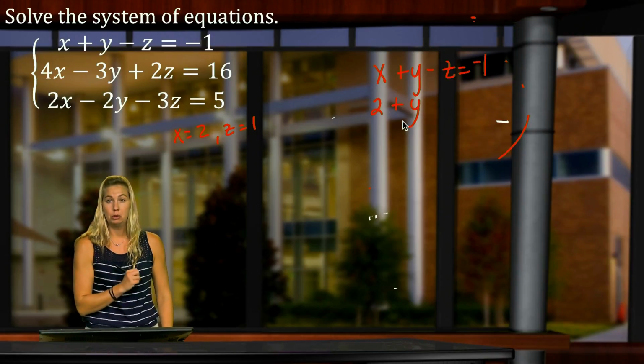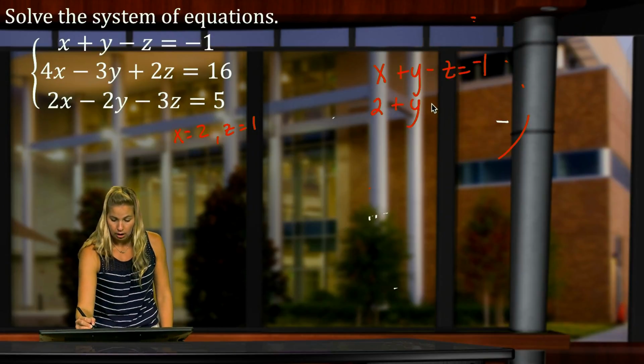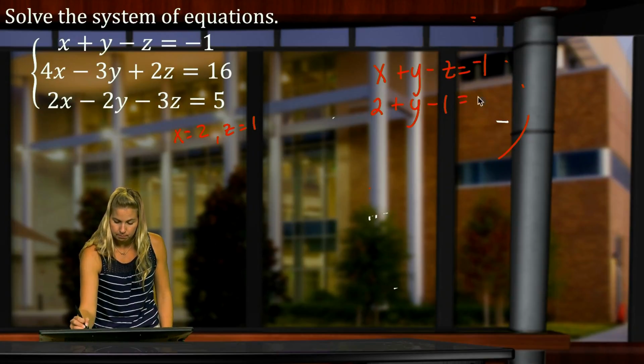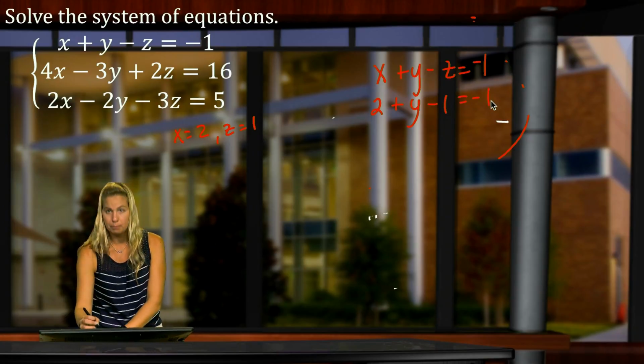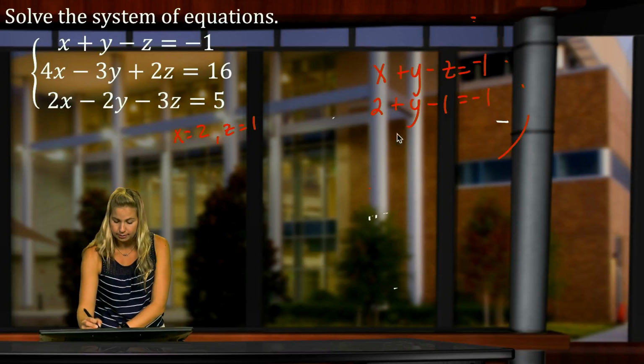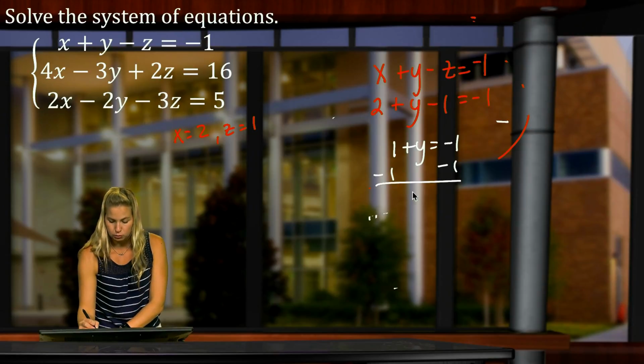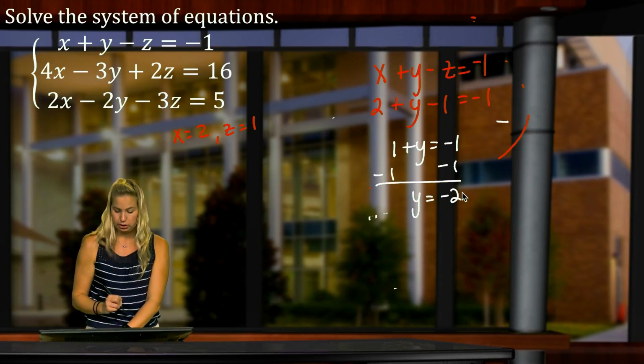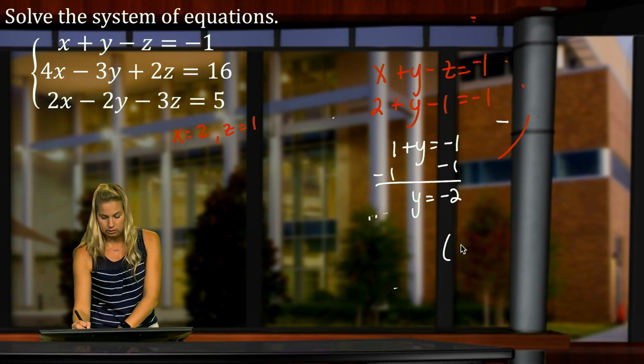We don't know the value of y, and z was 1. Let me get back to white. I think it's easier to read for you guys. So 2 minus 1 is 1 plus y equals negative 1. Subtract 1 from both sides, y equals negative 2. So our answer is 2, negative 2, 1.